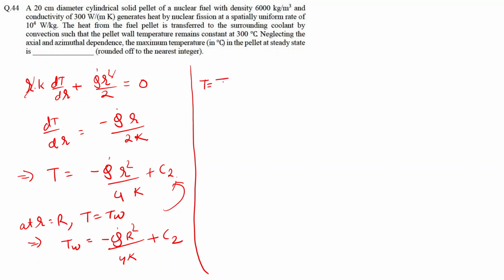T is equal to TW minus q dot r square upon 4k plus q dot capital R square upon 4k. This we can simplify and write it as T equals TW plus q dot R square upon 4k times 1 minus r square upon R square.